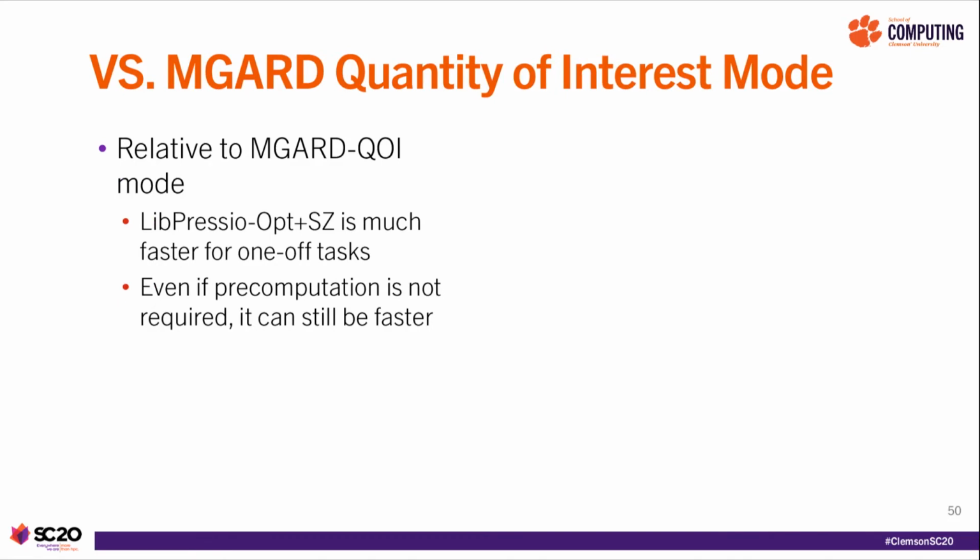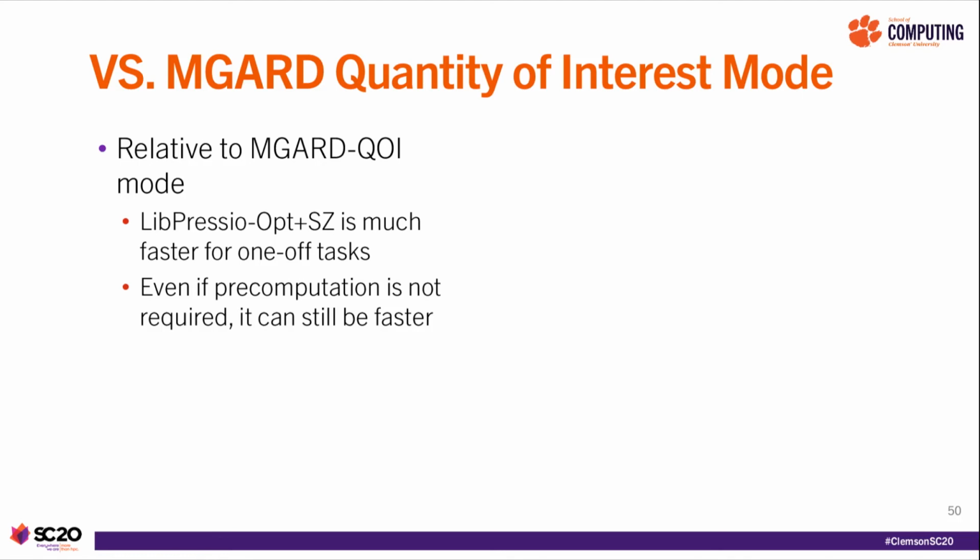So how do we perform relative to IMGARD's quantity of interest mode? What we found is that by using LibPressio-Opt in conjunction with FRaZ, we can actually vastly outpace what IMGARD's quantity of interest mode is able to achieve, especially on one-off tasks.